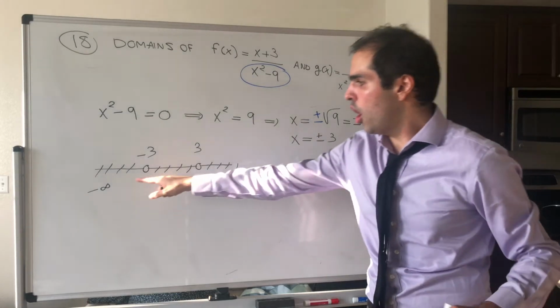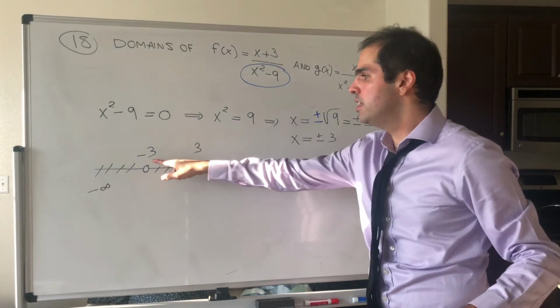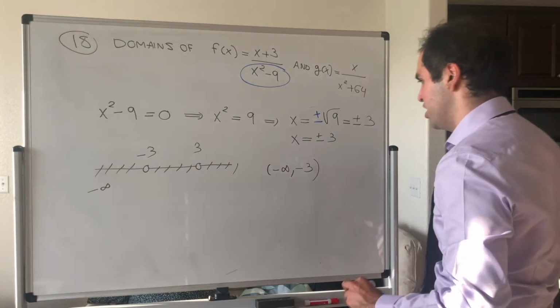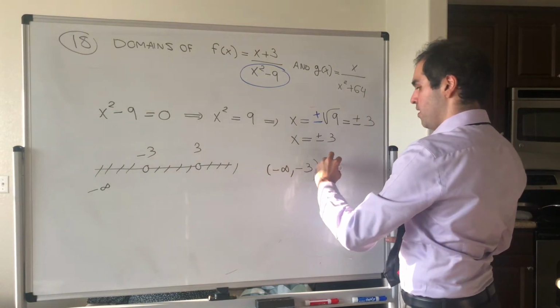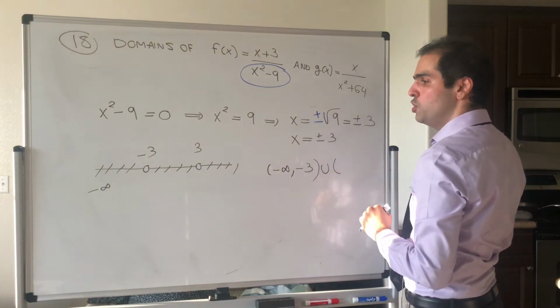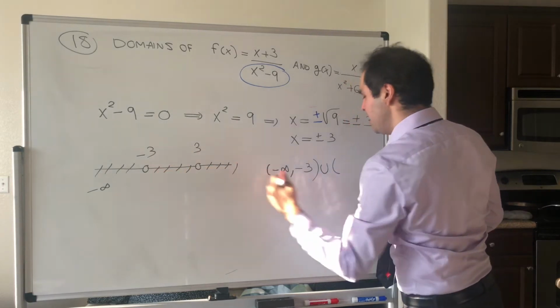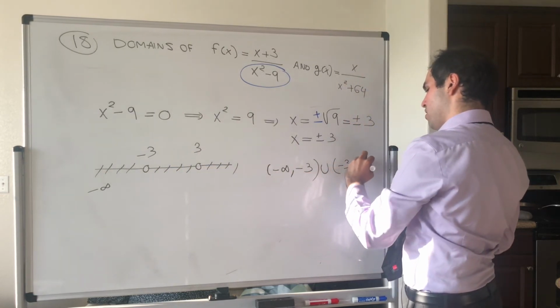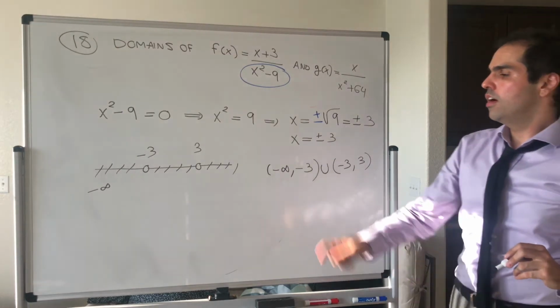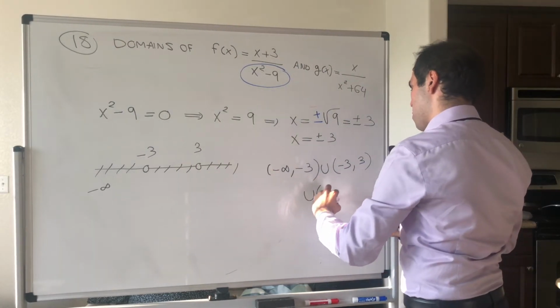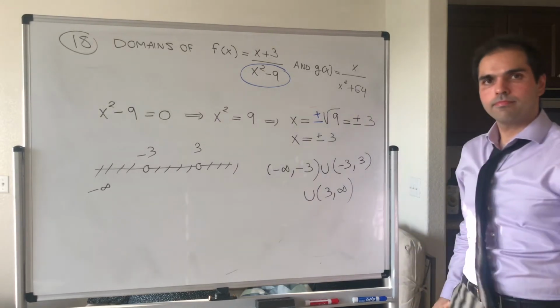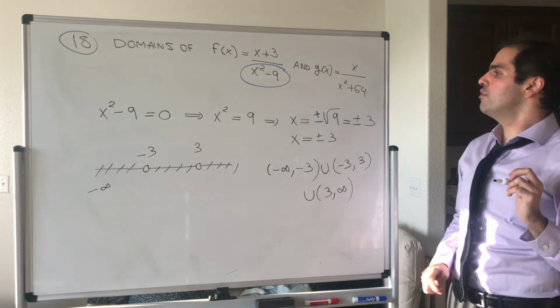And again, you always exclude minus infinity and you exclude minus 3 here. Or the middle piece. Remember, or you write this with a U. Minus 3 comma 3, which again you exclude, or 3 comma infinity. And that's the domain of the first function.